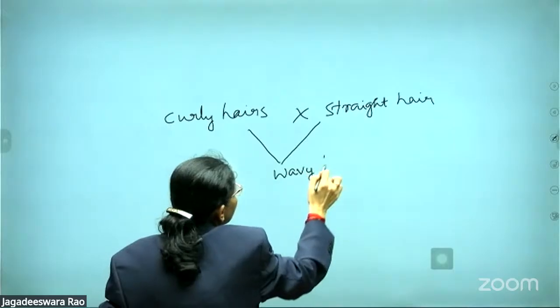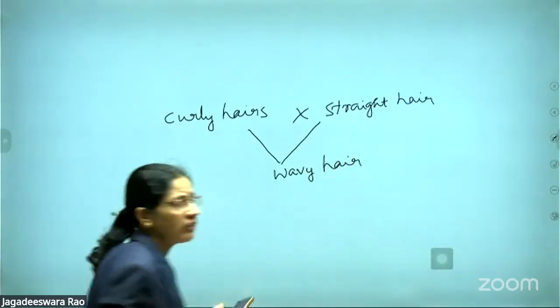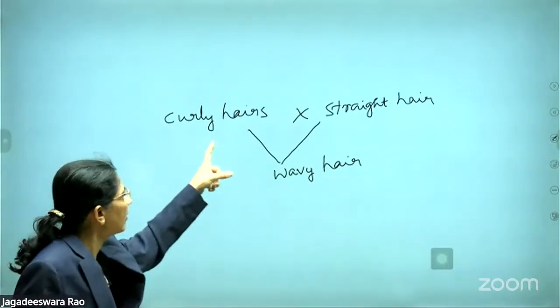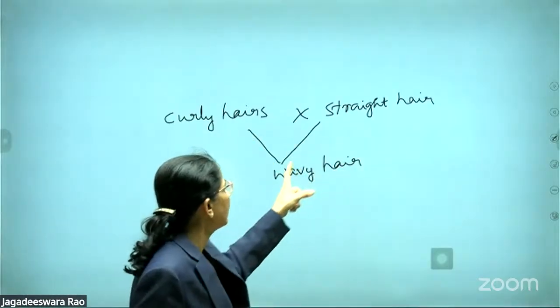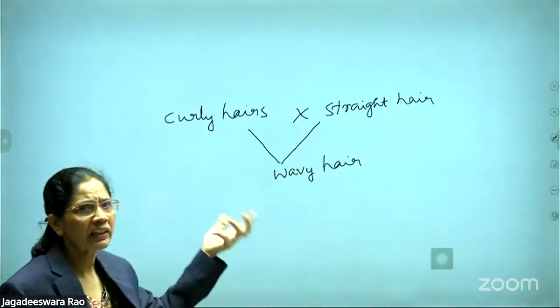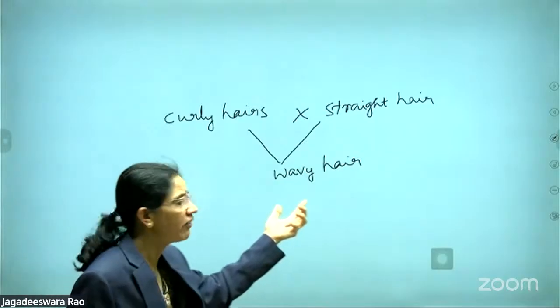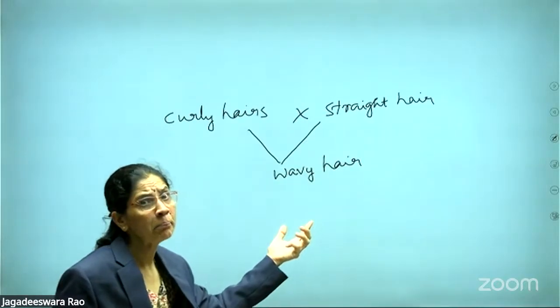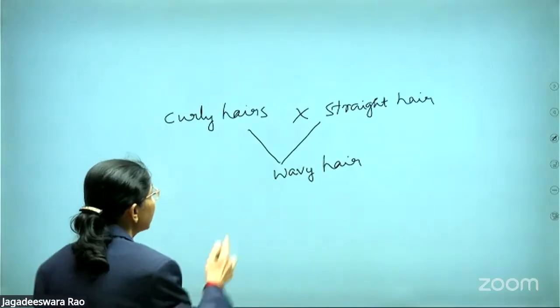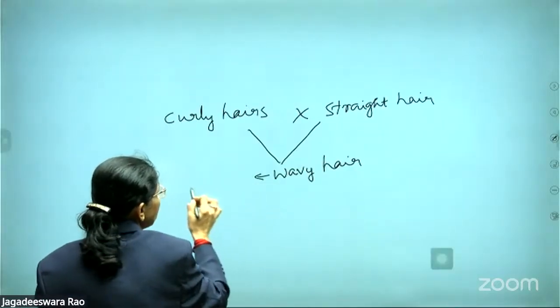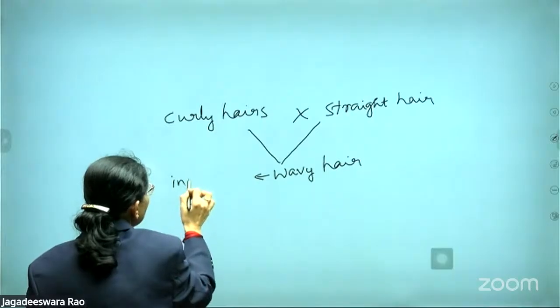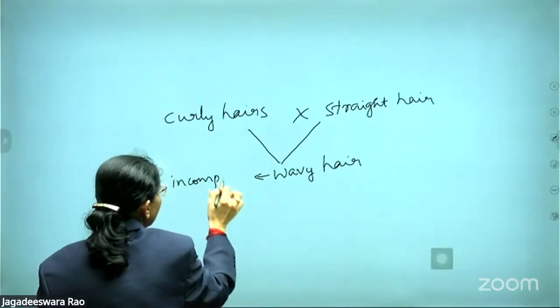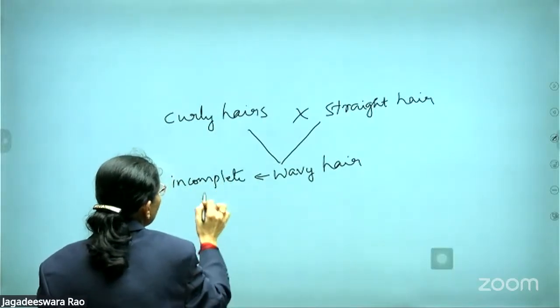What will the hair be? Wavy hair. Father is having curly hair, mother is having straight hair, the resulting child will have wavy hair. What is wavy hair here? It is a middle character. That means it is the average character. That means you can say incomplete dominance.